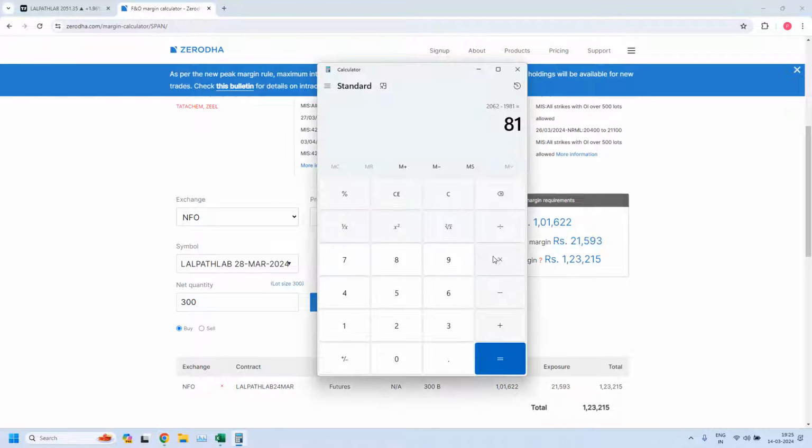Into 300, you would have got 24,300 rupees profit just for 1,23,000. Dividing by 1,23,215, that is 19.7% ROI in just 5 minutes. 5 minutes or 15 minutes? Let us check.